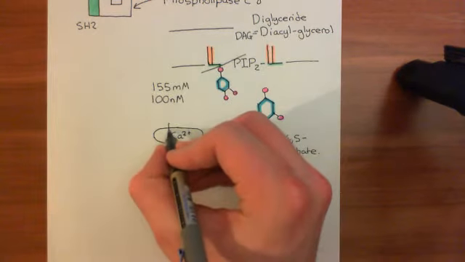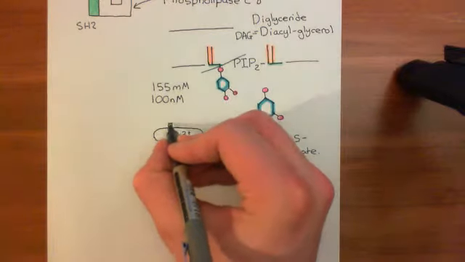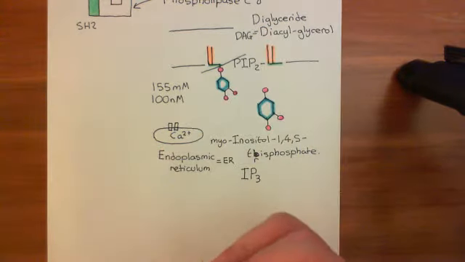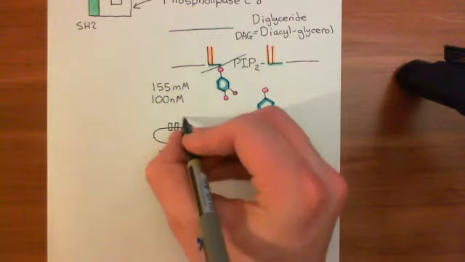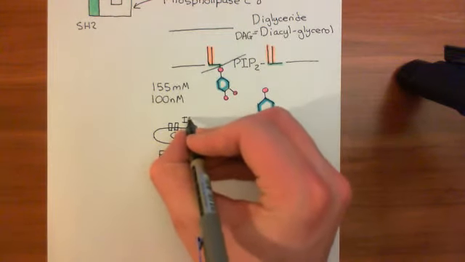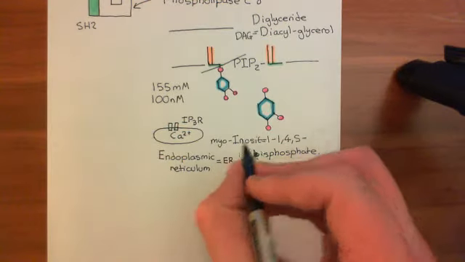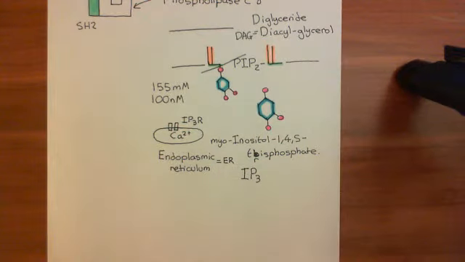And basically, this is what these IP3 receptors in the surface of the ER are. They are calcium channels. Now, usually they are closed, but when IP3 binds to them, this can lead to them opening. Now, it doesn't lead to them directly opening, but indirectly, the inositol 1,4,5 trisphosphate does lead to them opening.